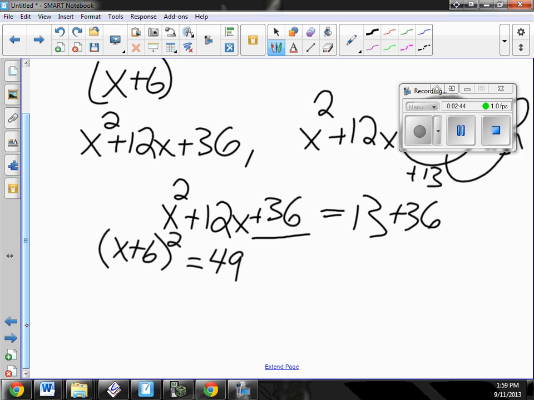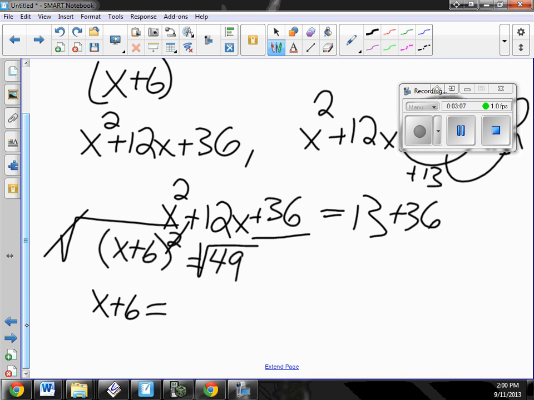And because it's a perfect square, I'm allowed to square root both sides. And the square root cancels the square, and I get x plus 6 equals, so close. It's kind of 7.